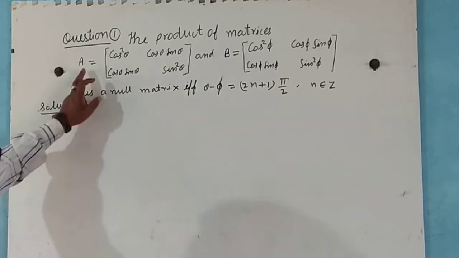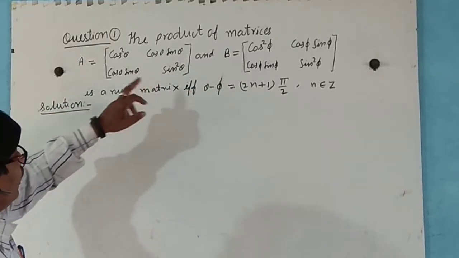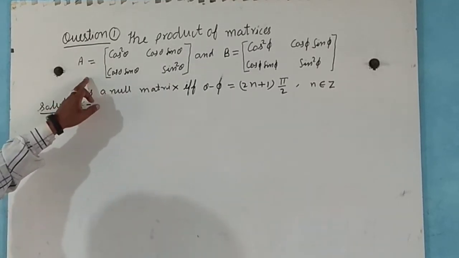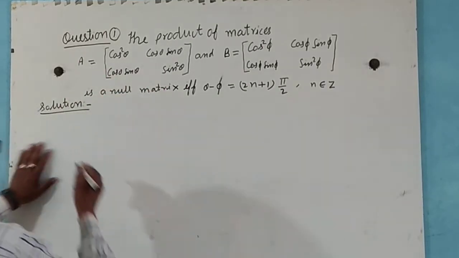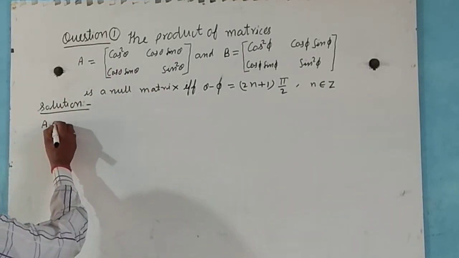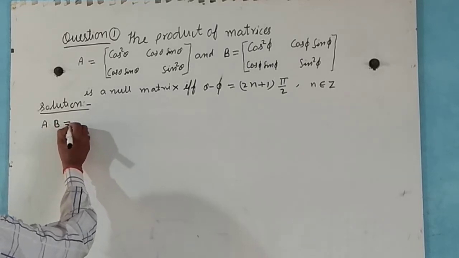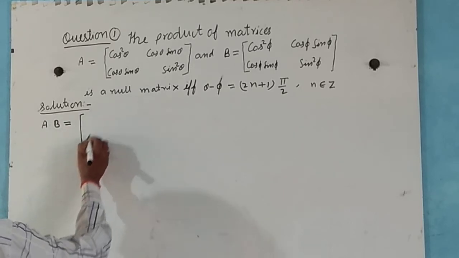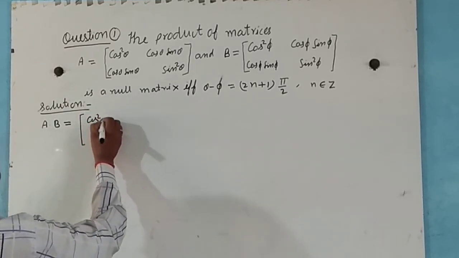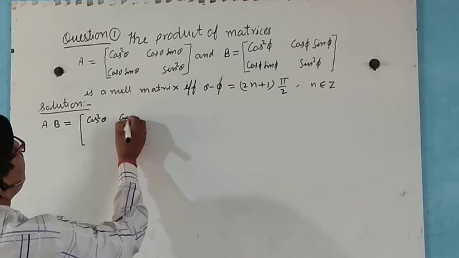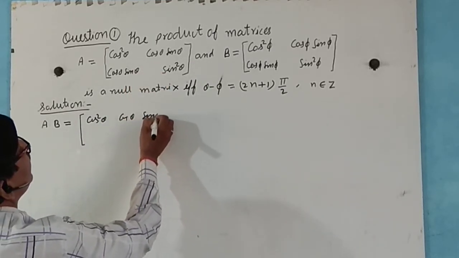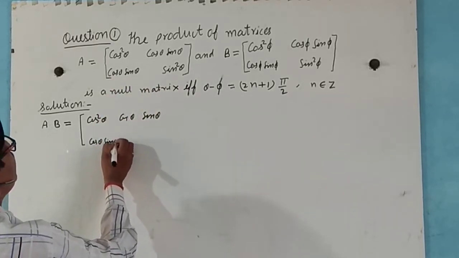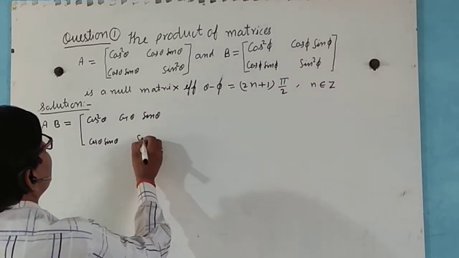Here, the product of matrices A and B is a null matrix. First of all, we calculate the product of matrices A and B. A equals cos square theta, cos theta sin theta, cos theta sin theta, and sin square theta.